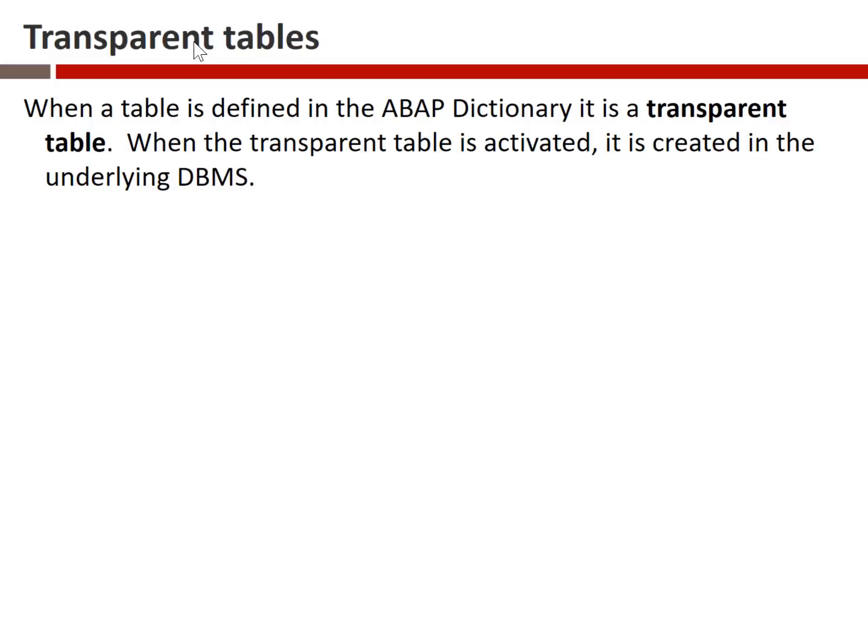How do I get the table to exist in the underlying database? That happens when I activate my transparent table. So the process here, you would go into the ABAP dictionary, you would describe the fields, you would set the data types, you would set all of the different characteristics we were talking about on the last slide. And then once you had that definition done, to actually create it, that happens by way of the activation process.